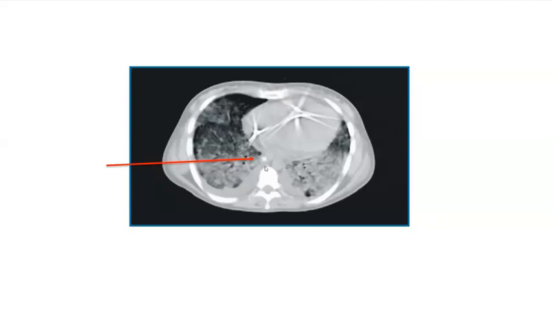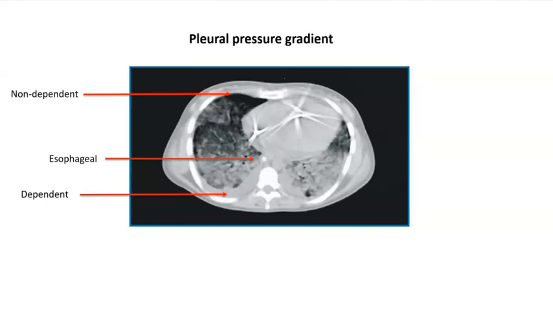What's very important to take into consideration is that there is not one single pleural pressure, but in reality there is a gradient from, let's say, top to bottom because the patient is supine, and the real pleural pressure is much higher in the dependent region here than in the non-dependent. Okay, so if we measure the pressure here in the esophagus, are we measuring this pressure, or something in between?